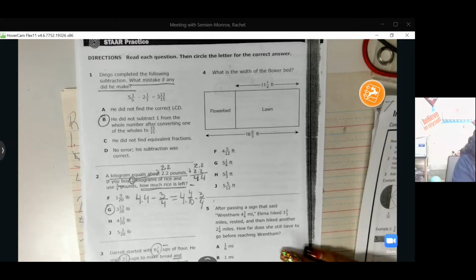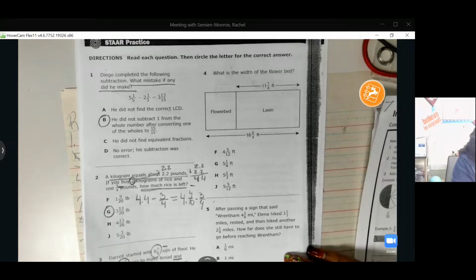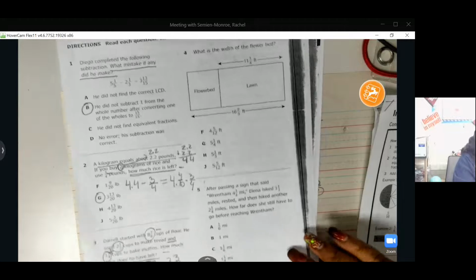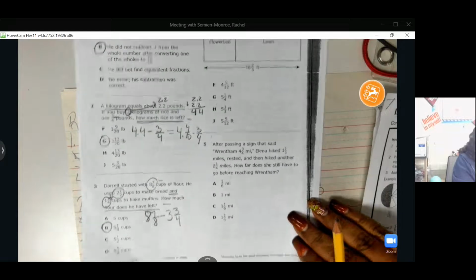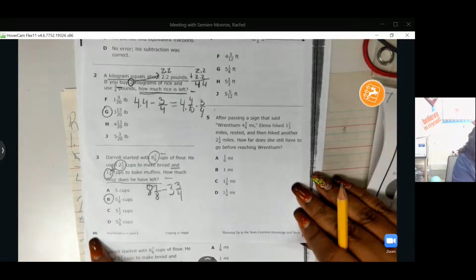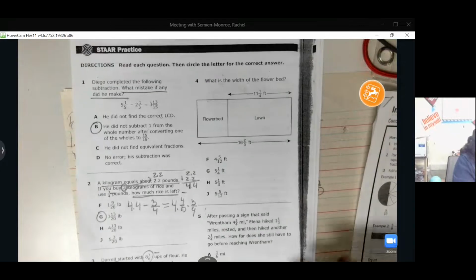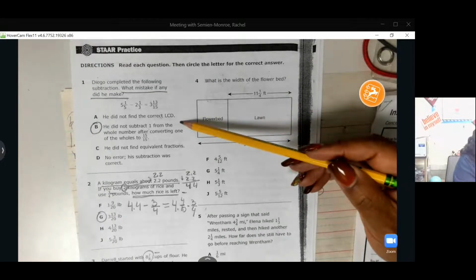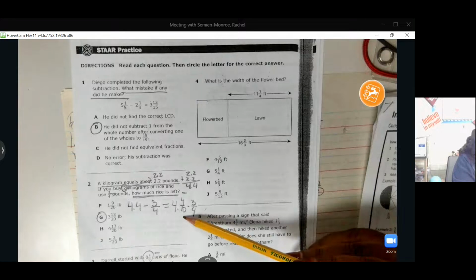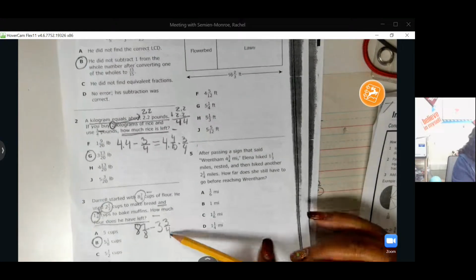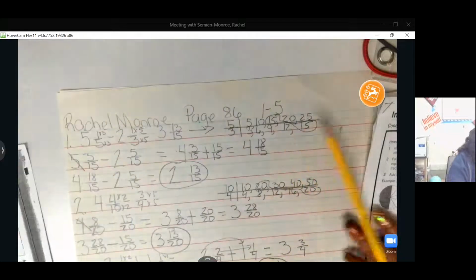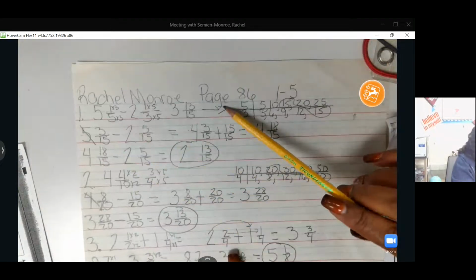On Wednesday, we started off with this particular worksheet, and it is page 86. Right here, you can see it's page 86. We were able to complete problems 1, 2, and 3. Also, we did all the steps.